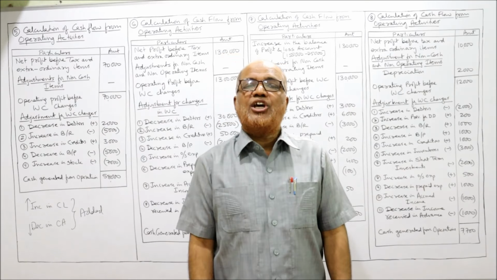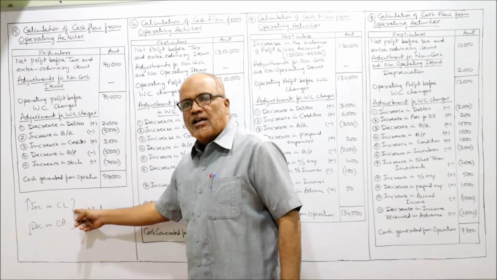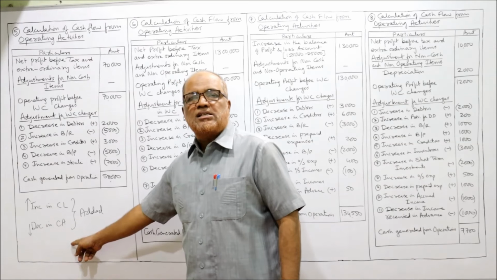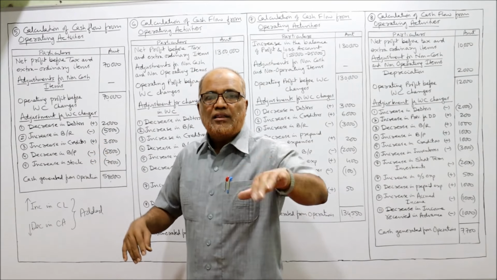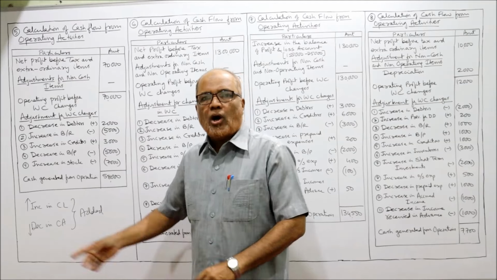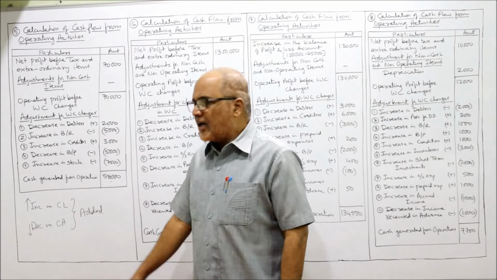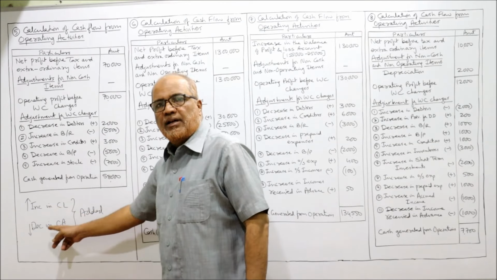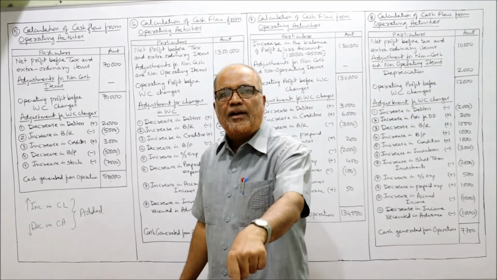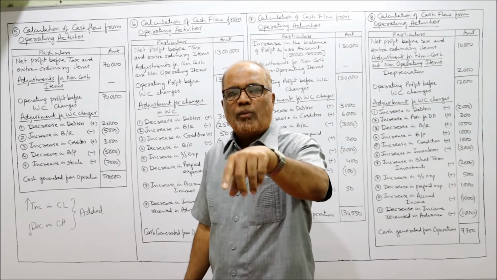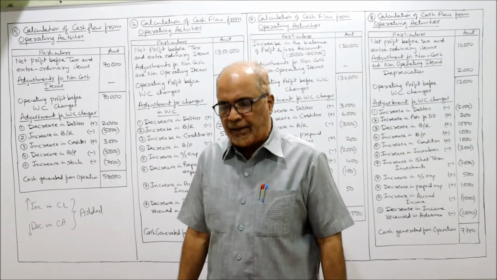For adjusting the working capital changes, increase in current liability or decrease in current assets should be added. The reverse should be deducted. The opposite of this should be deducted. Example, decrease in current liability and increase in current assets should be deducted. So remember one rule, and automatically you will be able to apply the other rule.